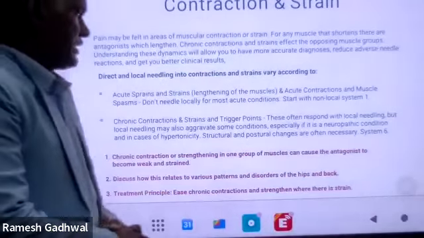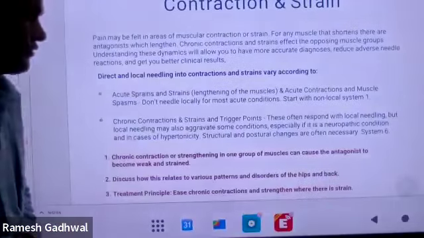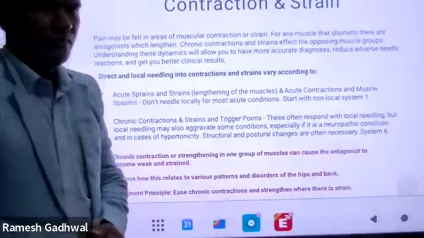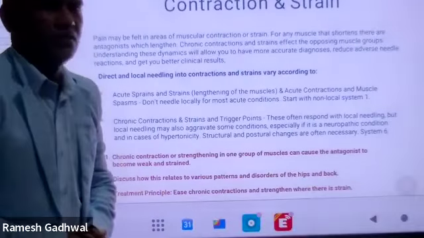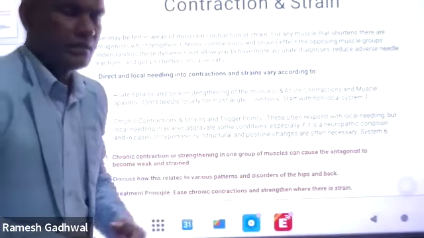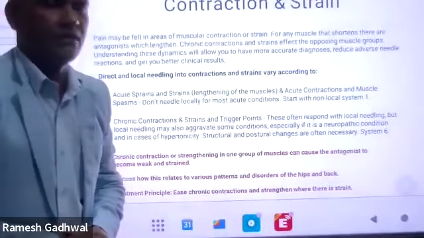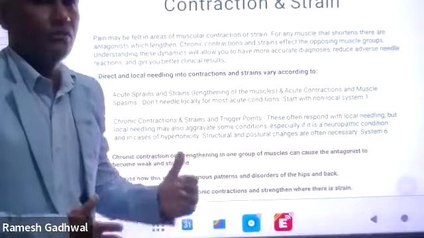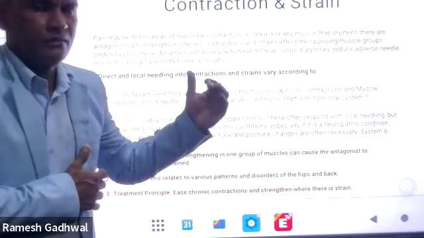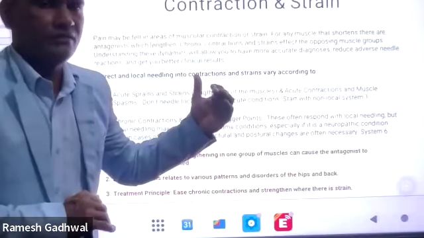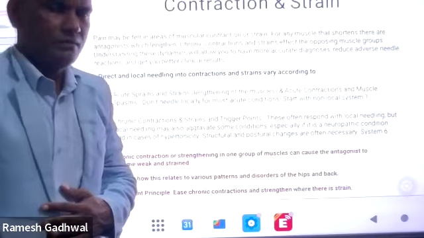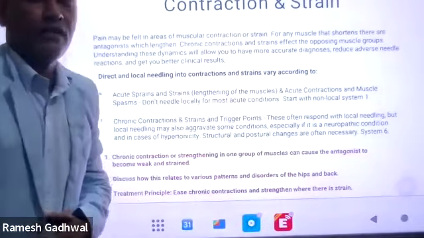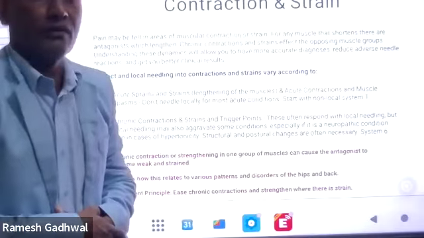Because structural or postural change is very important in every condition and in every diet. And in chronic conditions, yesterday, or the day before yesterday, I told you about the compensation pattern. When one muscle is doing more work, then the other is weak. When one muscle is weak, then its synergistic muscles and antagonist muscles are doing more work.